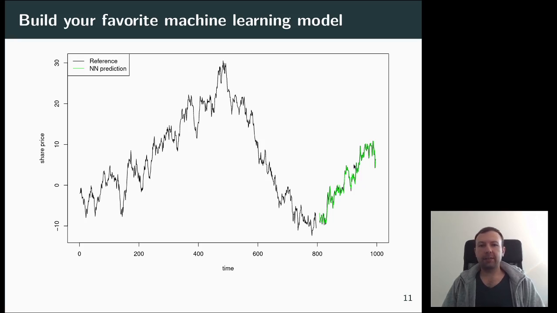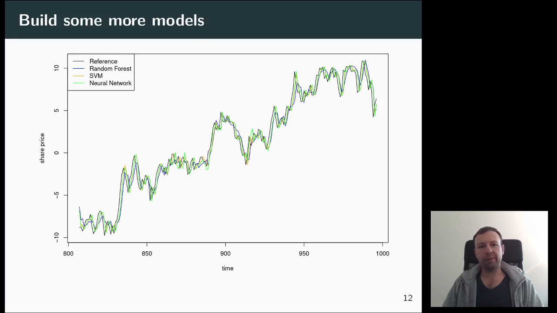Okay, that seems to work, but we are scientists, so we know you can't just build one model and be happy, but you have to build a couple of models and then compare them against each other. So I just trained a random forest, a support vector machine, and a neural network, and I'm showing them all here. You see that it seems the random forest maybe doesn't work so well.